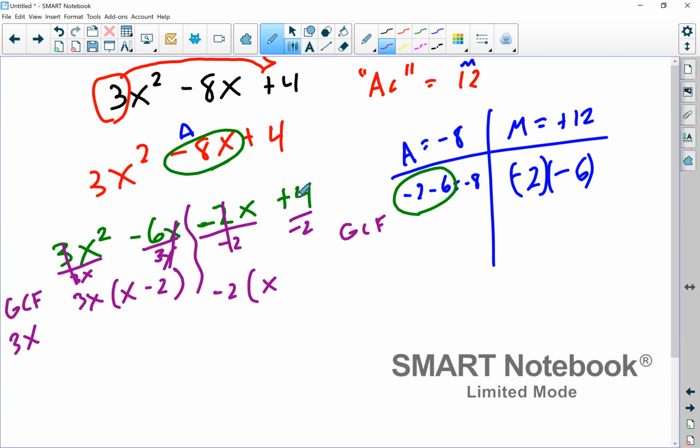X just goes there. +4 divided by -2 is -2. Now they both have this parentheses in common, so we're going to bring out this x minus 2 here. Cancel these out. And what's left? 3x minus 2. This is the other method for factoring using the AC/bridge method.